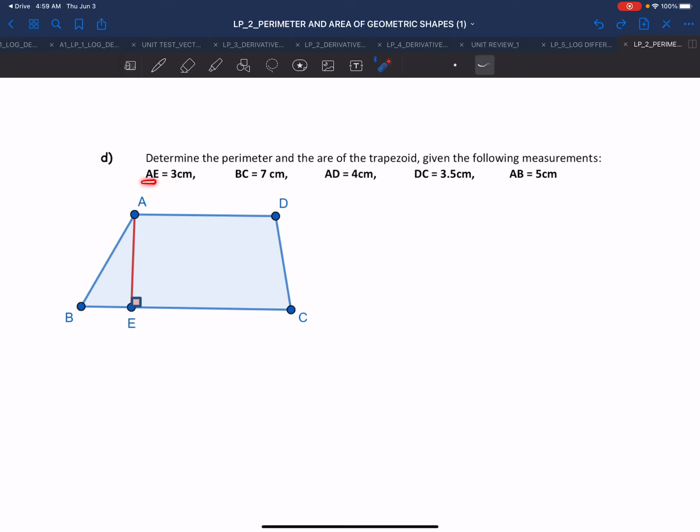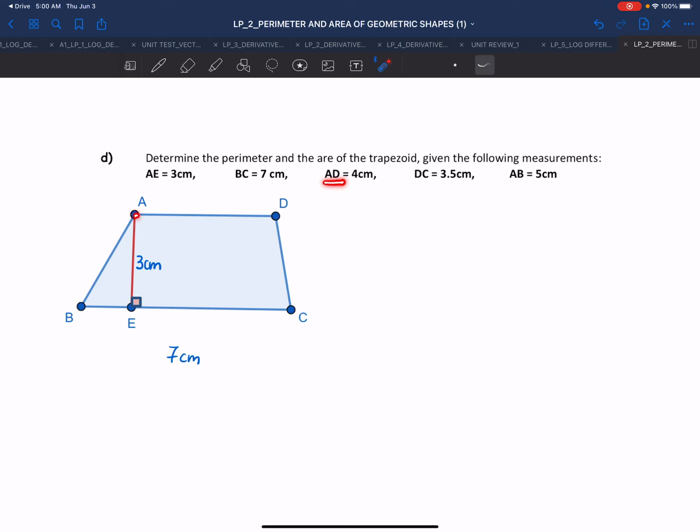So we have the length AE, 3 centimeters. So this is A, this is E, this is AE, and that's 3 centimeters. Now the length BC is 7 centimeters. This is B, this is C, and that is 7 centimeters. So I'll write 7 centimeters here. Next, we have the length AD.